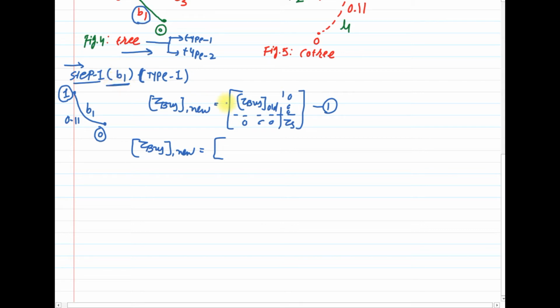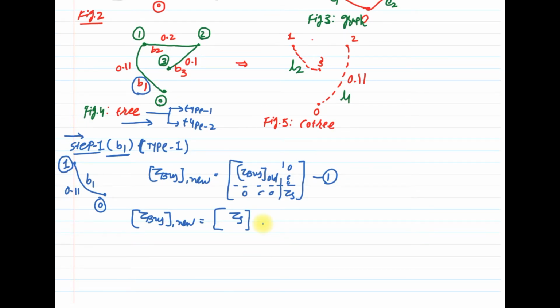So there is not a previous matrix available with us. That means the old bus matrix value is not available with us. So we have only the ZS element available with us. So for this step 1 we always follow this equation, Z bus new is equal to ZS.